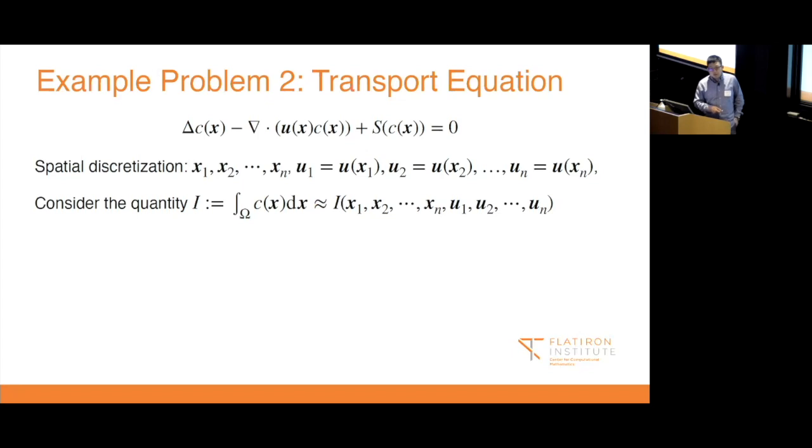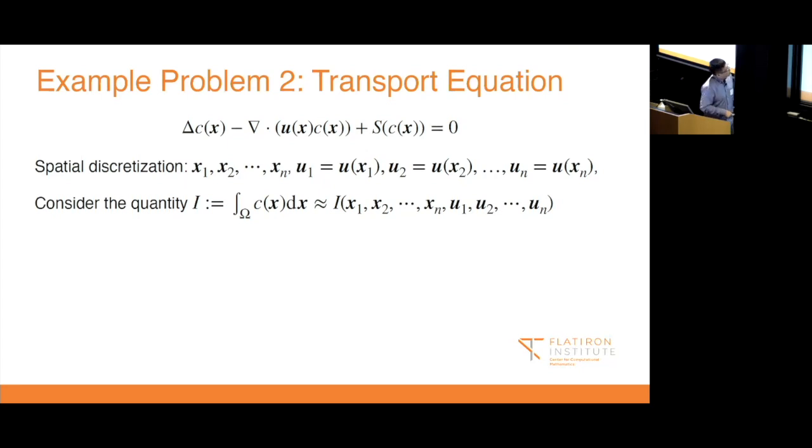Then presumably if you call any PDE solver with this fixed grid, you can solve for the solution c at those grids. So implicitly this PDE defines a mapping from x1 to xn and u1 to un to your solution c1 to cn.